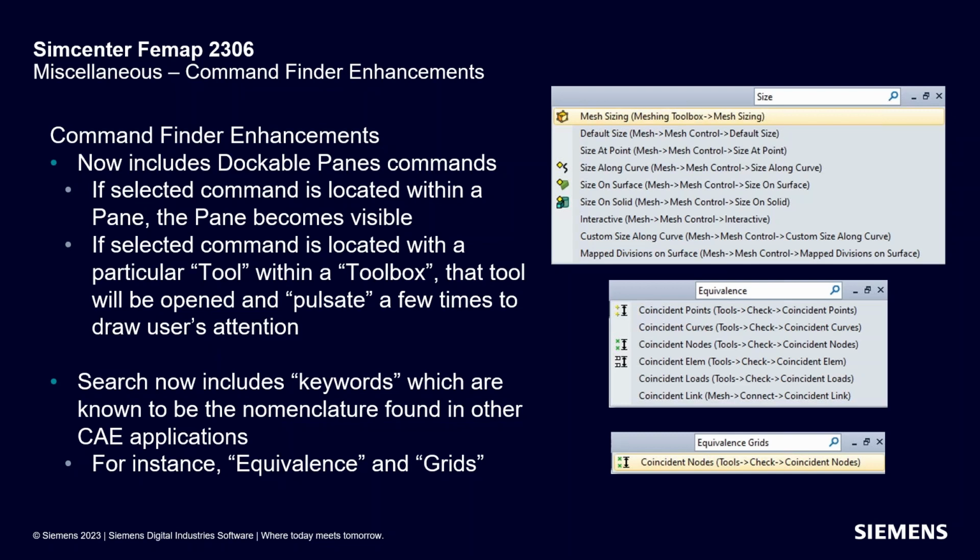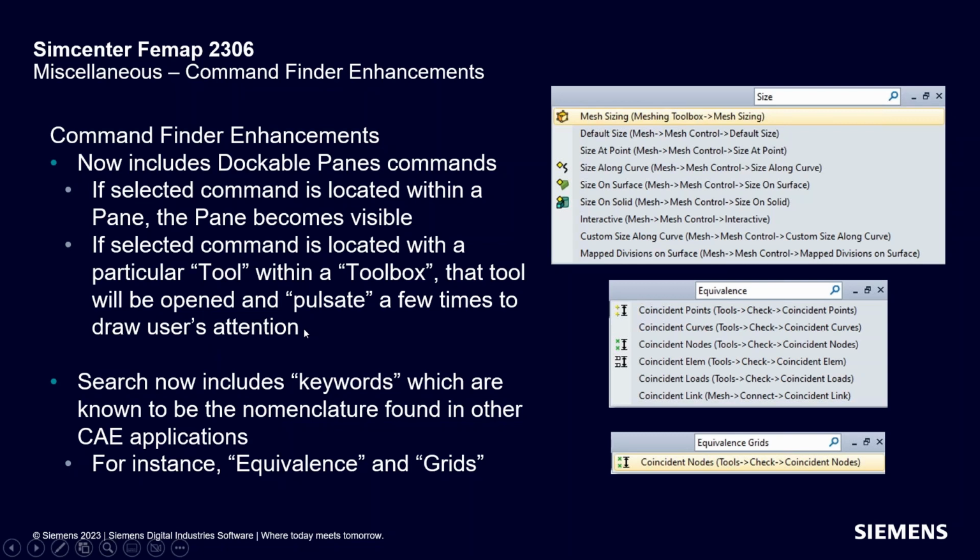And in 2306, if you click on one of these options, it'll open up the dialog box and kind of flash it for you. And if it's a command located within a toolbox, that's what it does. But if it's a command located in a pane, it'll just pull the pane up, such as the data surface editor or the post-processing toolbox. So I thought that was kind of cool.